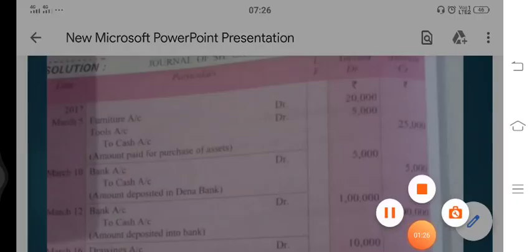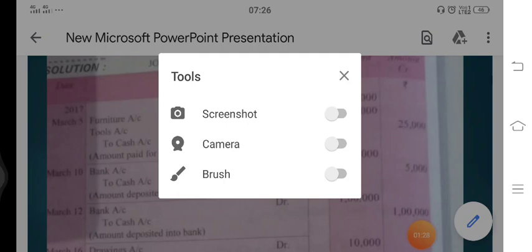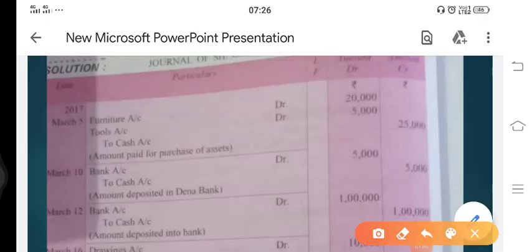The case of compound journal entry I have already explained, and those who have missed it can go through the videos from 20th April to 25th or 26th of April. There you will find the case of compound journal entry. Here we have purchased furniture and tools.